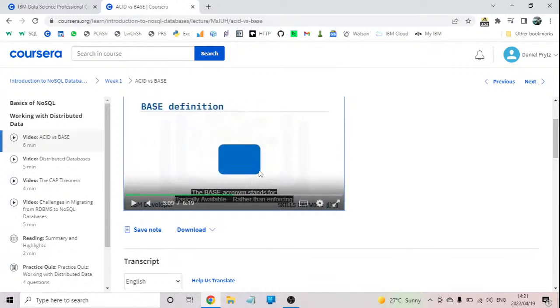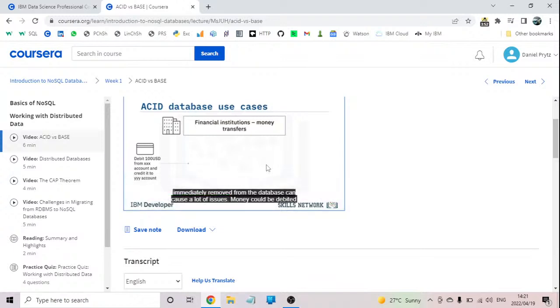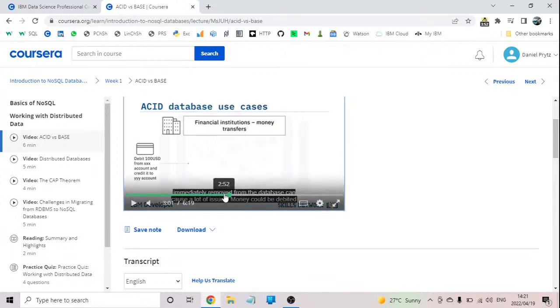Okay, so this is the use case. Financial institutions, money transfers. Okay, so essentially, what are they saying? There was something they said that was important, right?